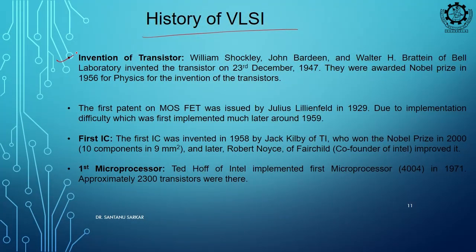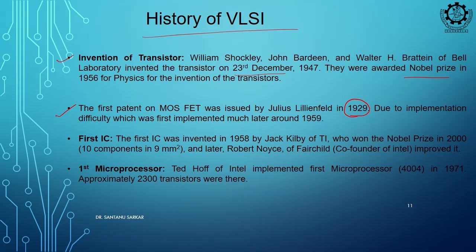These are a few inventions that actually changed mankind. One was the invention of the transistor, by William Shockley, John Bardeen and Walter H. Brattain of Bell Laboratory. They invented it on 23rd December 1947 and were awarded the Nobel Prize later. Next is the first patent for the MOSFET by Julius Lilienfeld in 1929.